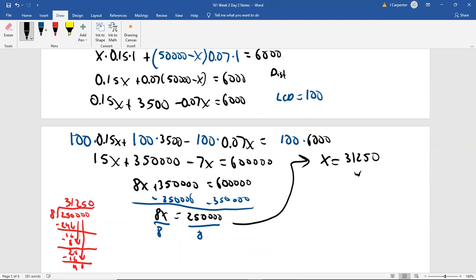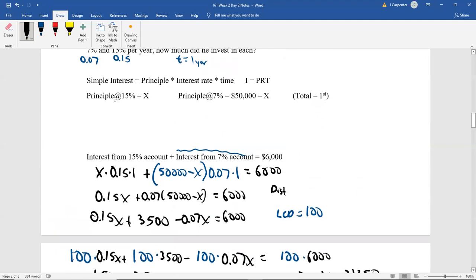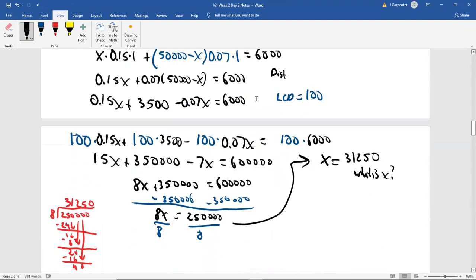What is x? X was one of the principals, but labeling them correctly is important. You can't just roll the dice and say, oh, it was the 7%, oh, it was the 15%. This is why labeling things well is helpful and awesome. So we said we called the principal at 15% x, which makes the other one 50 grand minus that.